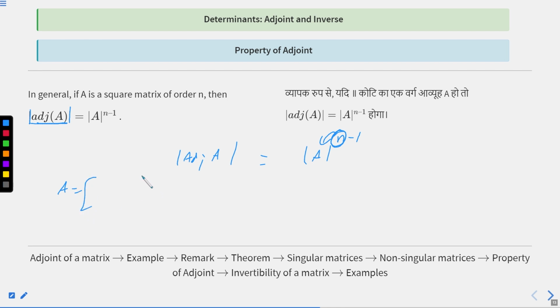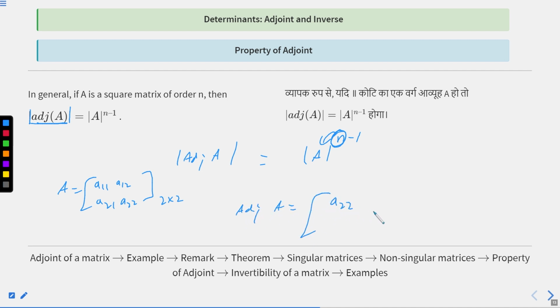Suppose you have a 2 cross 2 matrix with entries A11, A12, A21, A22. Now adjoint of A, you all know, you can directly evaluate it.